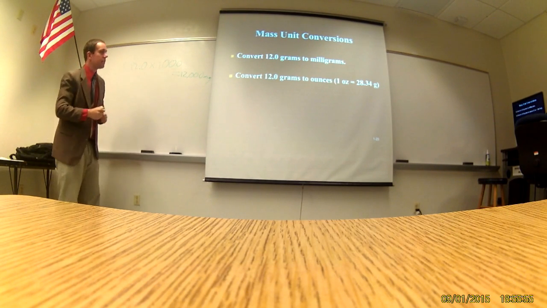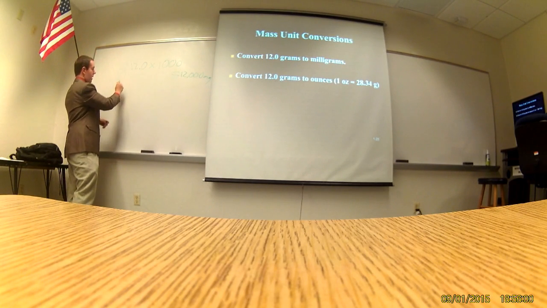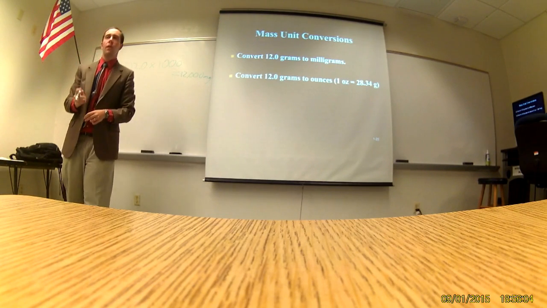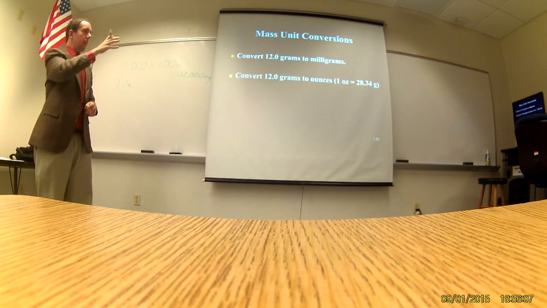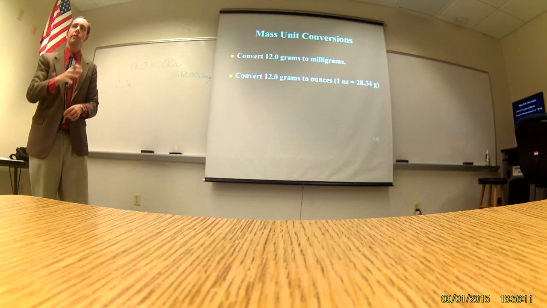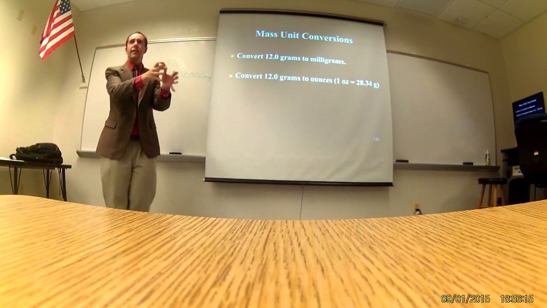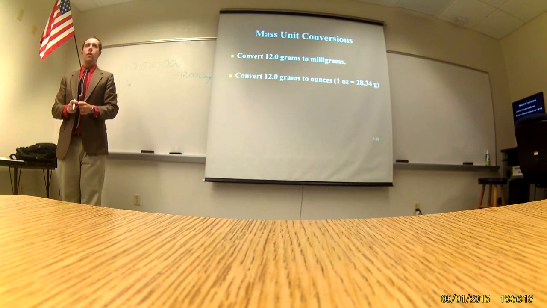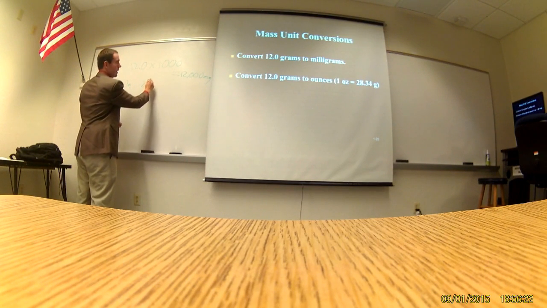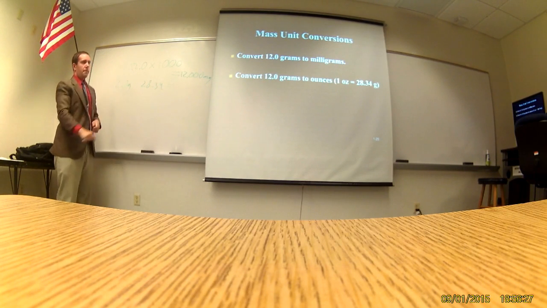Next one is 12 grams to ounces. So again, we have 12.0 grams. Look at your conversion. What is bigger, an ounce or a gram? An ounce is bigger. It takes 28 of our grams added together to equal 1 ounce. So we're going to say 28.34, multiply or divide?